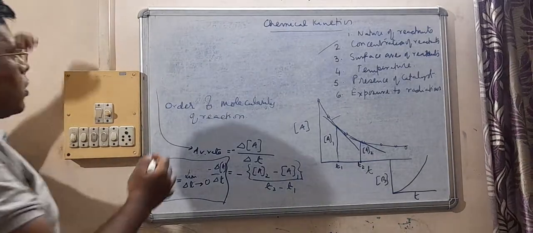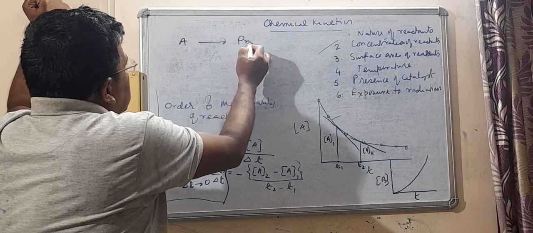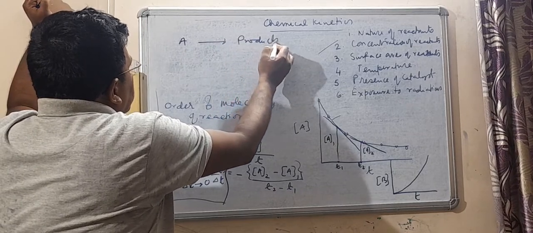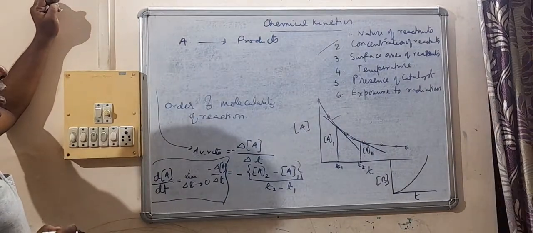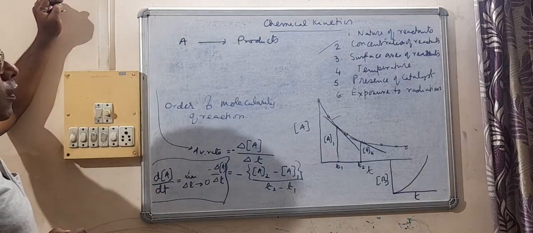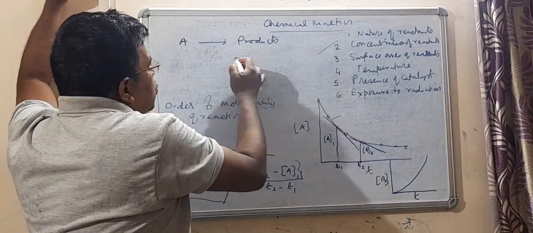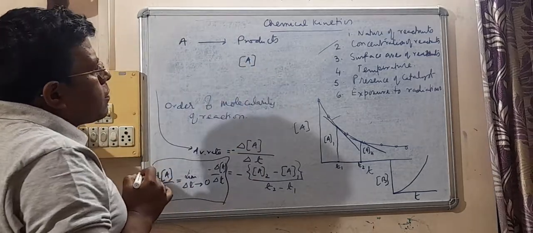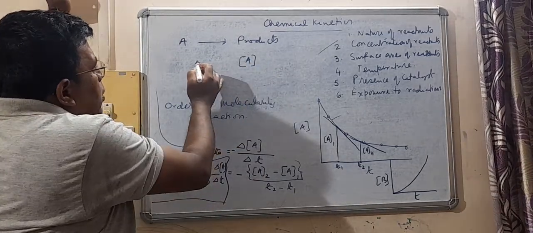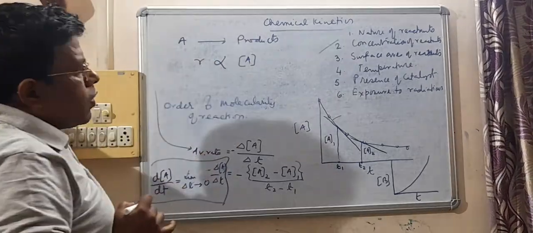Suppose this is a reaction, say A to products. Suppose this reaction. And if concentration of A we denote it by this, then rate will be directly proportional to concentration of A.